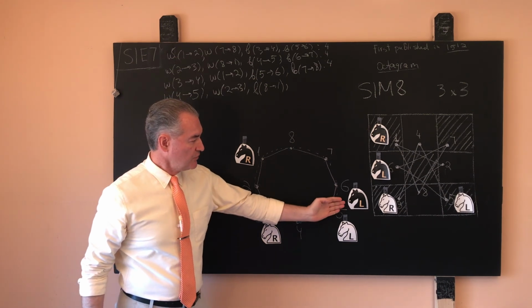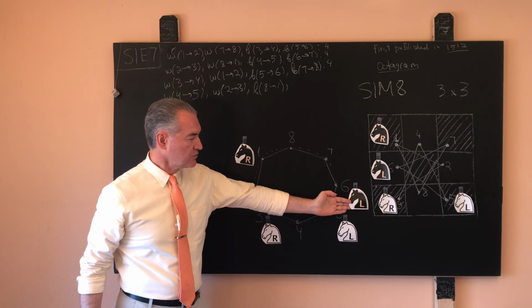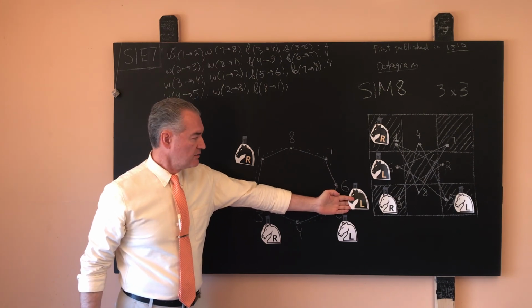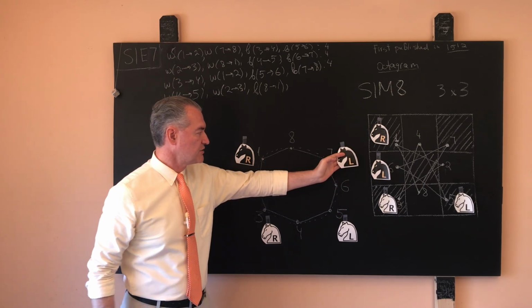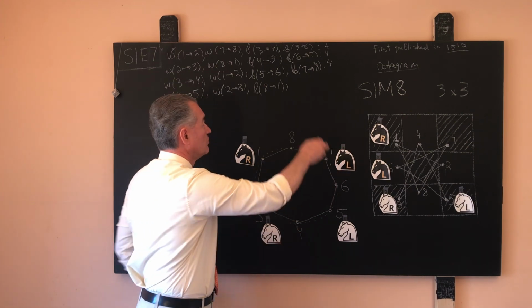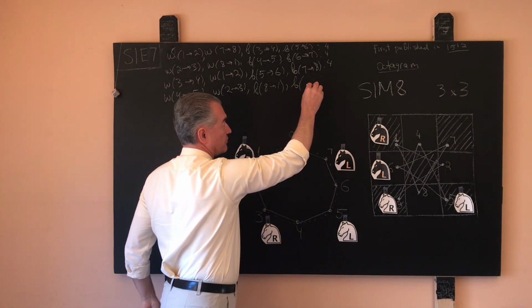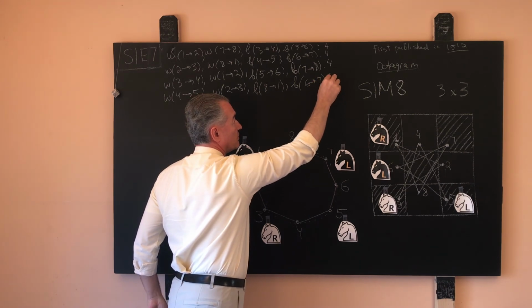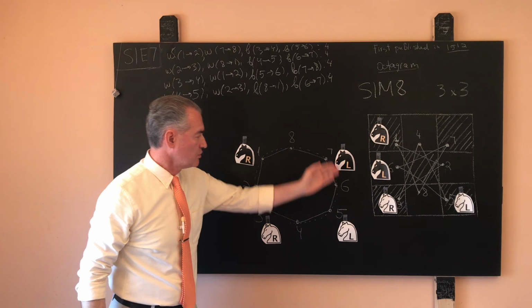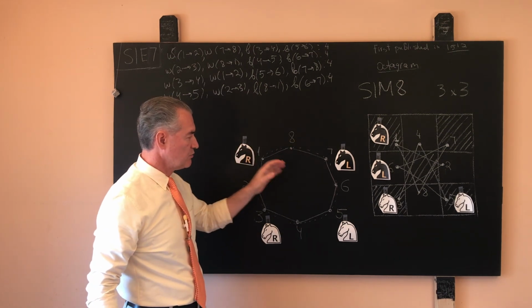The last move is by the black knight marked with the subscript L, and this knight jumps from the node named 6 into the node named 7, like so. We will mark this guy from 6 to 7. This is also 4 moves. That was on the virtual board, or disassembled board.